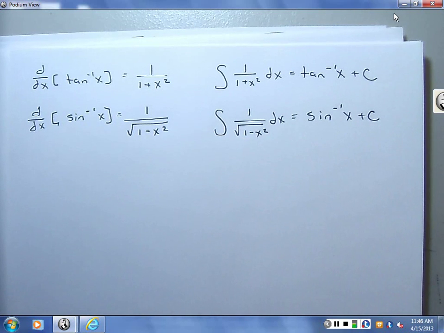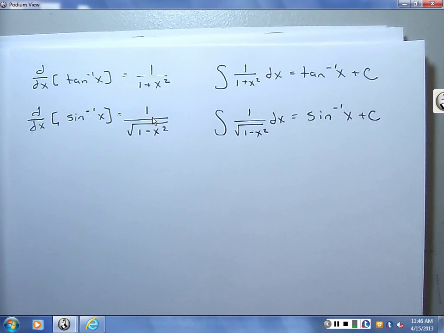There is also cosine inverse, which would be this one, but negative. And secant inverse and cosecant inverse, tangent inverse and cotangent inverse are similar to each other. These are the two that I would expect you to know on a quiz or an exam. On the homework, it's possible the other ones might come up, but you can look those up from your book.